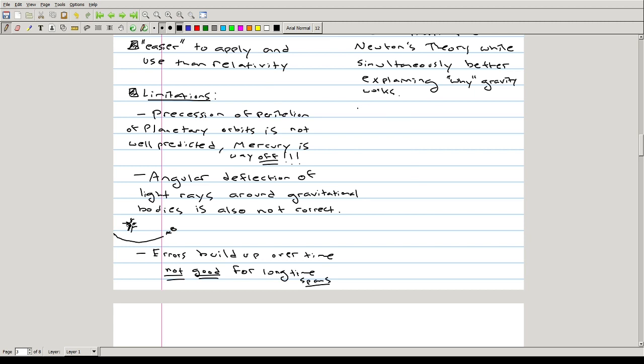And in general, it's much harder to correctly understand, apply and solve problems in general relativity.